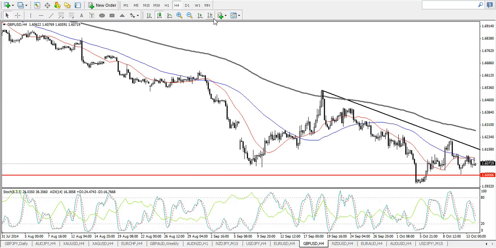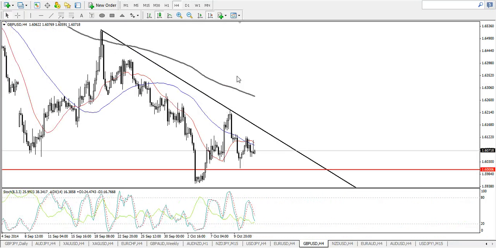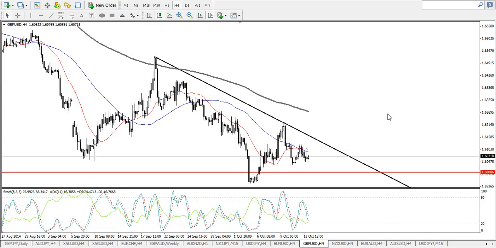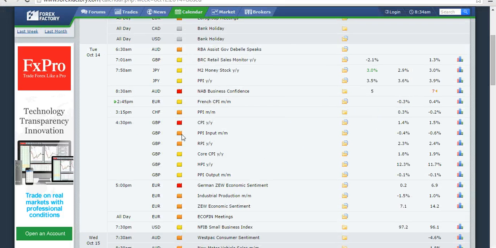Coming back to the 4-hourly chart, price is still pretty uncertain whether to go up or down, but the key thing is that later on we're going to have the CPI for the pound, the inflation data, at 4:30 p.m. Singapore time, +8 GMT.